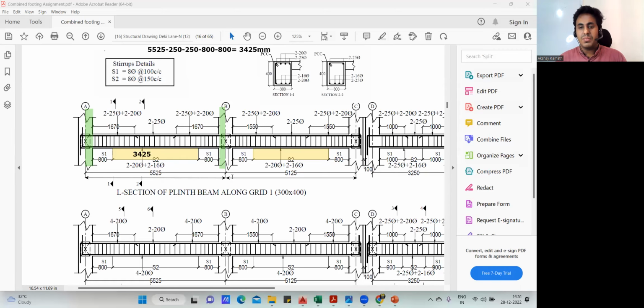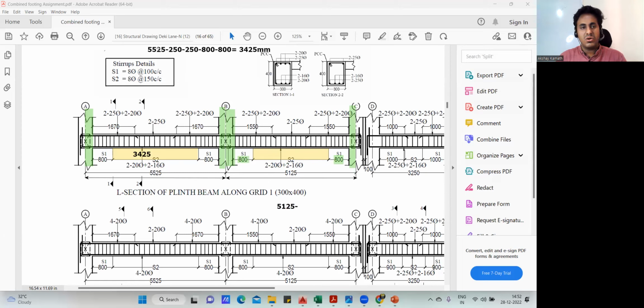Again, here also, the center to center is 5125. So again, 5125 minus 250, half of the column. From here, I'll deduct 250. I'll come from column inner to inner. And then I'll deduct this 800 from here, and I'll deduct 800 from here.